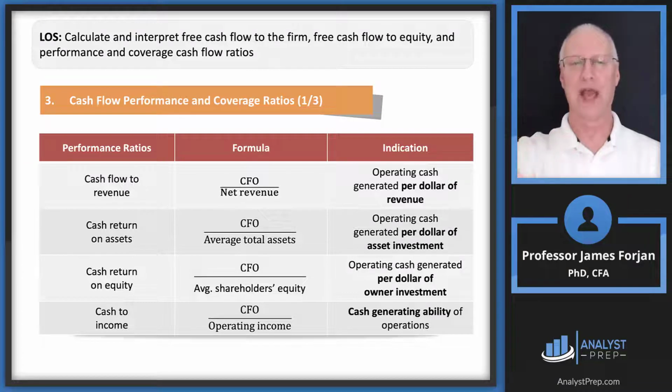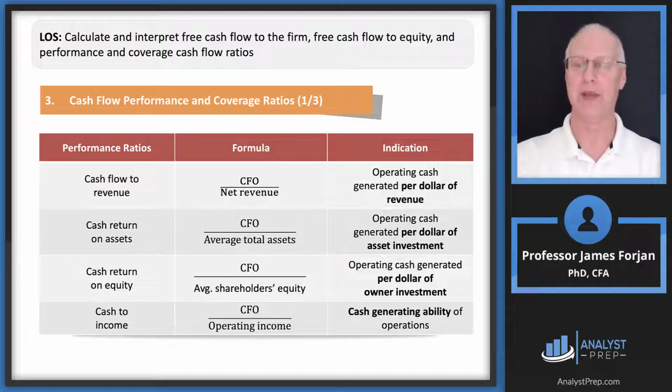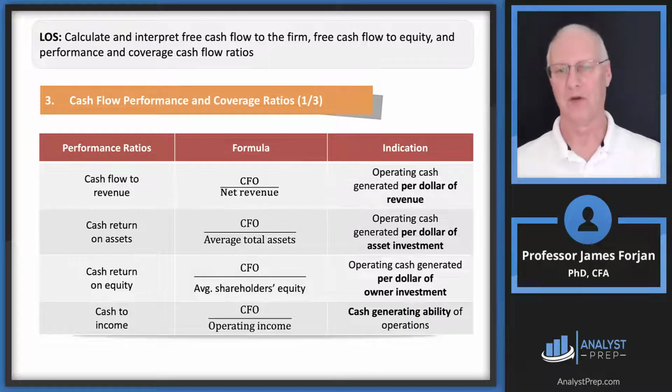have that. So cash flow to revenue, that's almost like a return on operations, right? It's almost like net income over revenue. But now we want that to be cash flow, which represents the true quality of the asset. So return on assets, or return on equity.